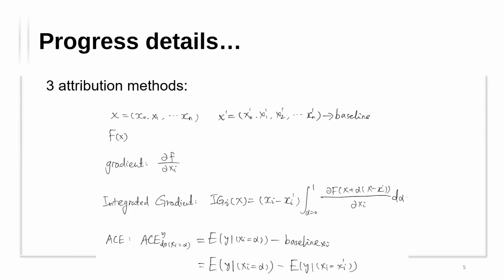And average causal effect is what I explained last week. It is the expectation of output y when you intervene on some xi to be alpha, minus the expectation of y at the baseline input xi.